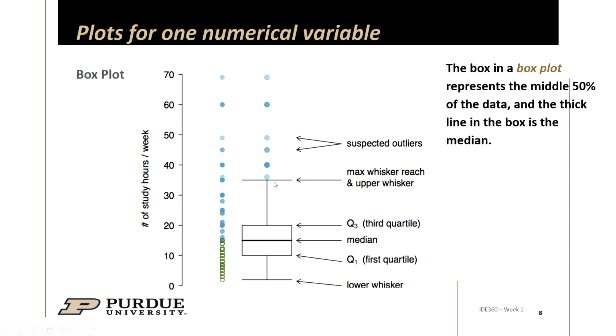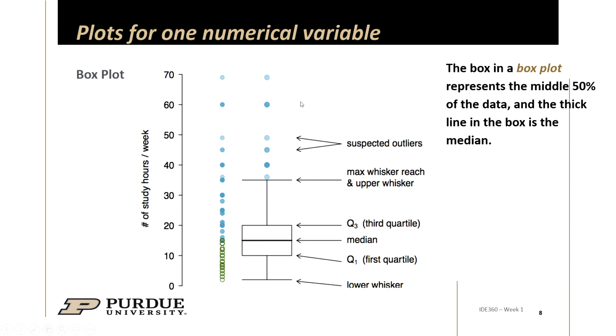The max and the min of these little tails that are called the whiskers are calculated by particular estimations that I will add here in a minute. And then, once you have that distribution of that box, you can identify which observations actually fall way beyond, which will basically be suspected outliers, and we will be talking about outliers later on.